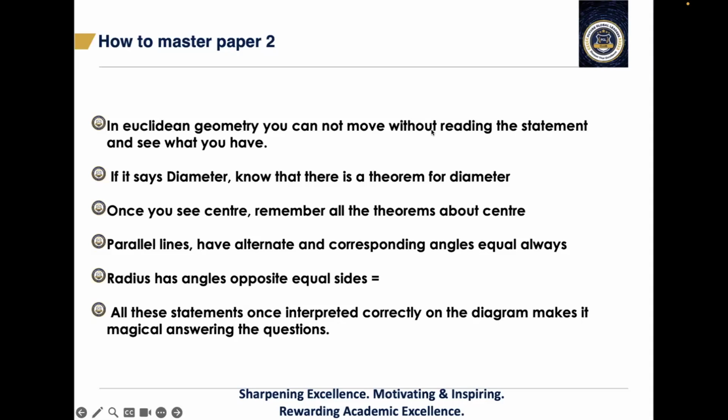Whereas in 8.1, we do not have the information that it is a cyclic quad. So we penalize you when you use questions that are after to answer a question that is before. You cannot work backwards. We are only working forward all the time.